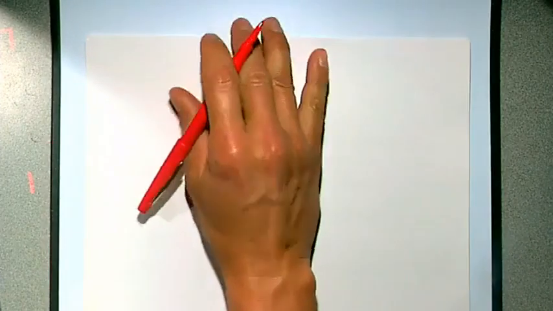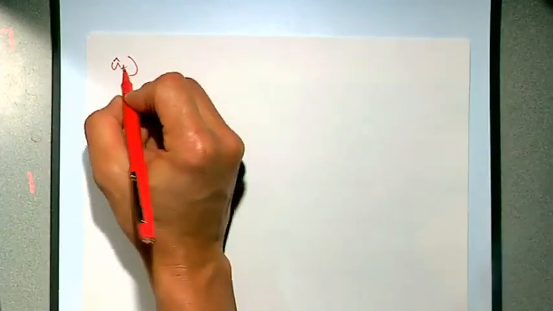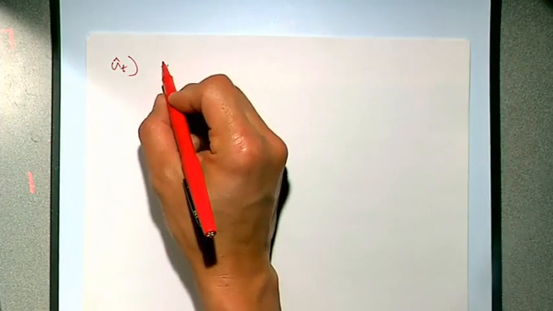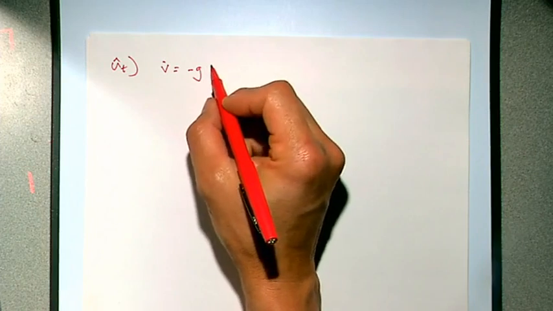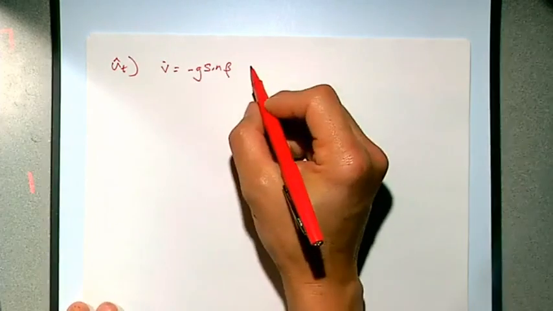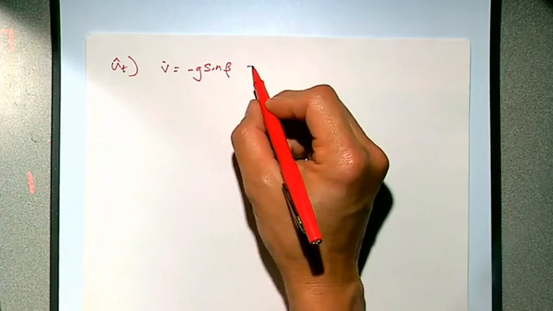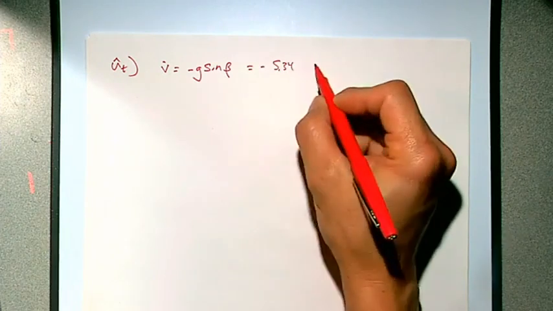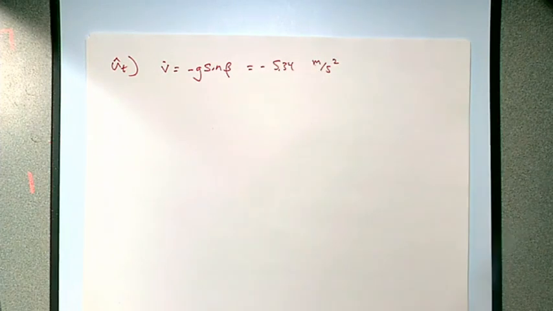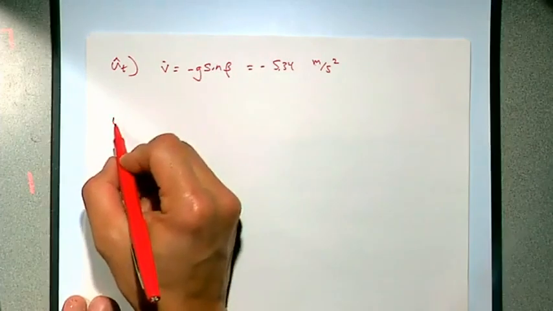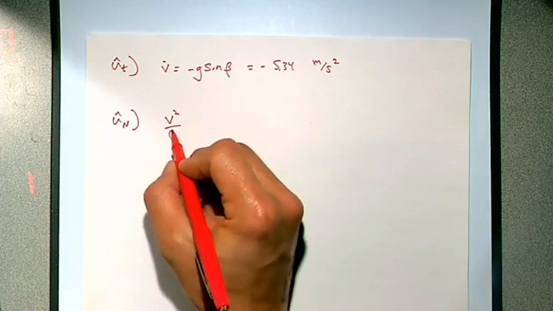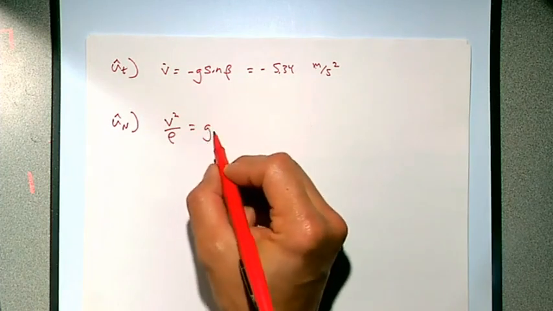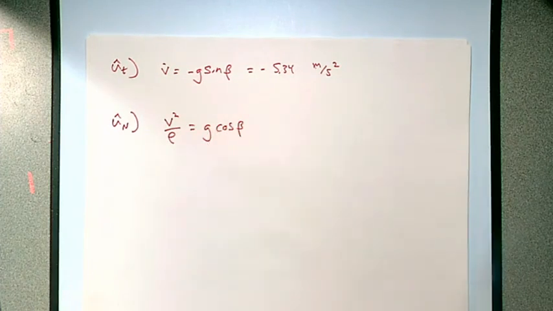So my tangential components, in the t direction, I've got v dot equal to minus g sine beta, which I've got as minus 5.34 meters per second squared. And then in the normal direction, v squared over rho is equal to g cos beta.